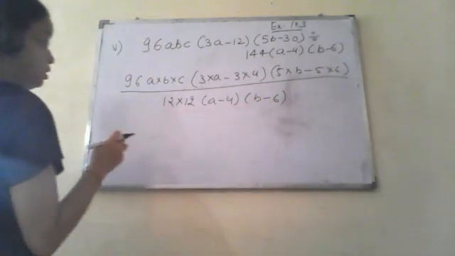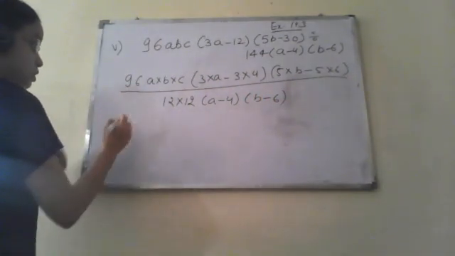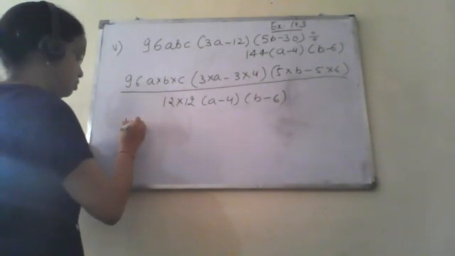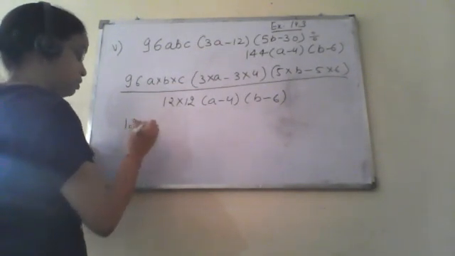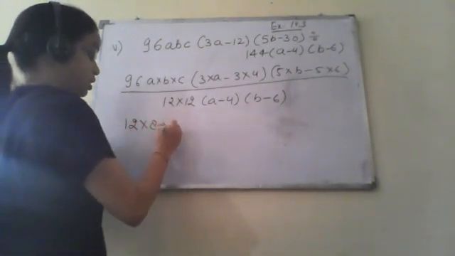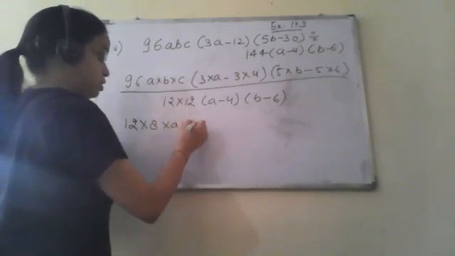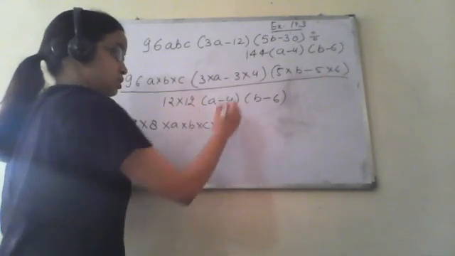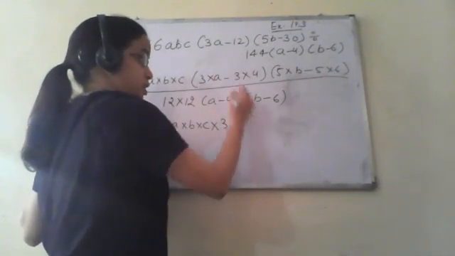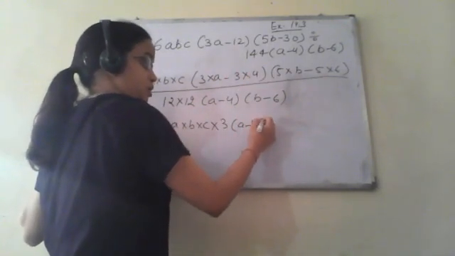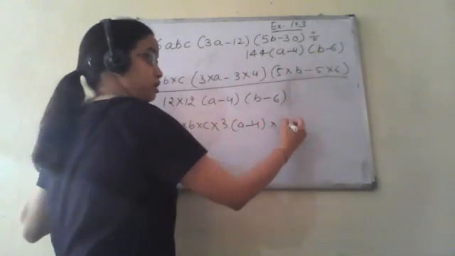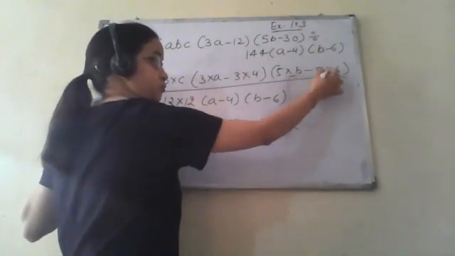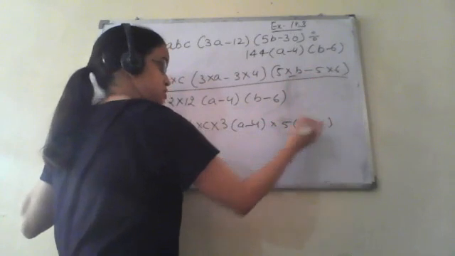Now this 96 can be written as 12 into 8 and this is a into b into c. 3 is taken out and what is left is a minus 4. From this bracket we have taken 5 common. We are left with b minus 6.